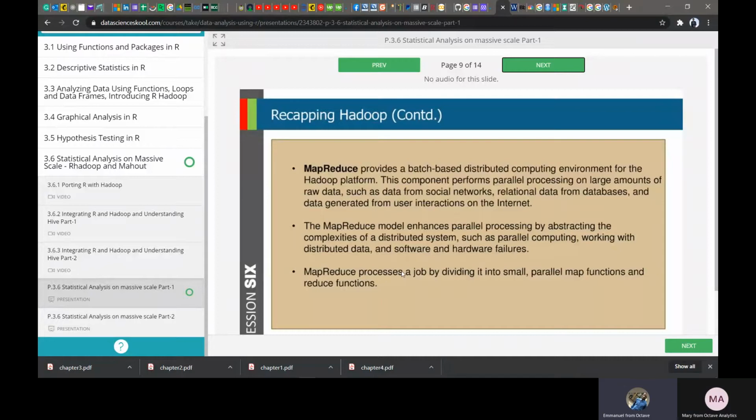But the optional part of MapReduce is the reduce part. So what do I mean by that? If you want to run a MapReduce job, some jobs do not require a reducer. The mapping part is the compulsory one because you want to split. If I want to perform a task on a particular file, it is split maybe into 1,000 different equal parts.